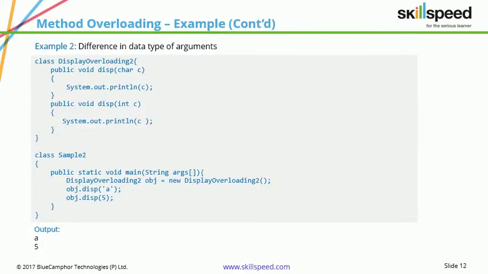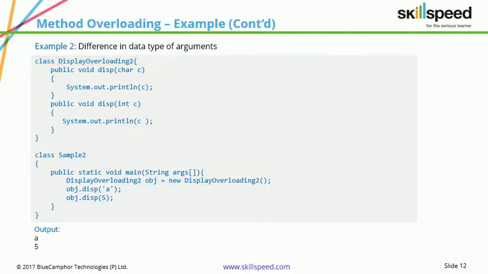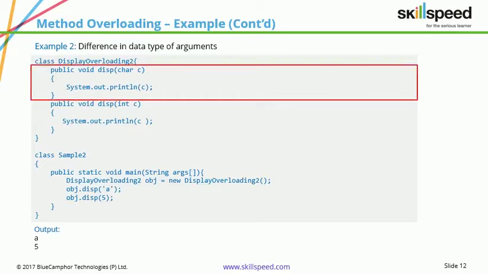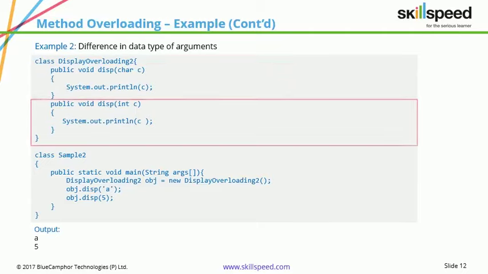We have example 2 for method overloading, in which there is a difference in the data types of arguments. Let us consider the class DisplayOverloading2, in which I have two methods, also named public void display. In the first method I am taking character C as my argument and printing that value in the next line, and in the second method I am taking int C as my parameter.